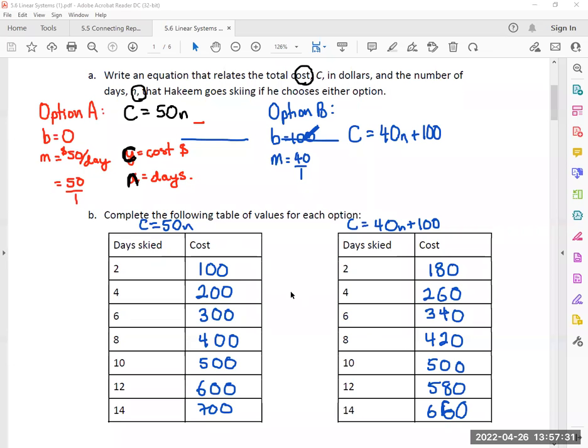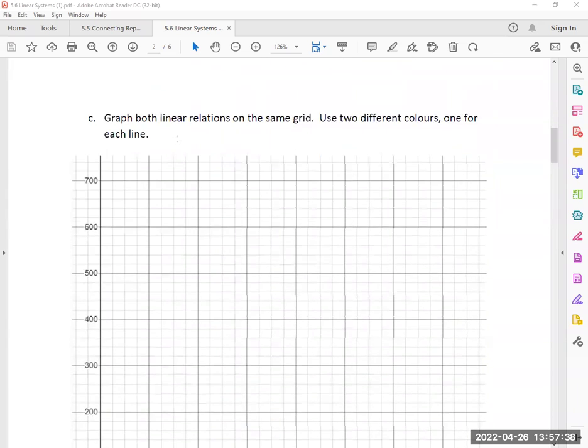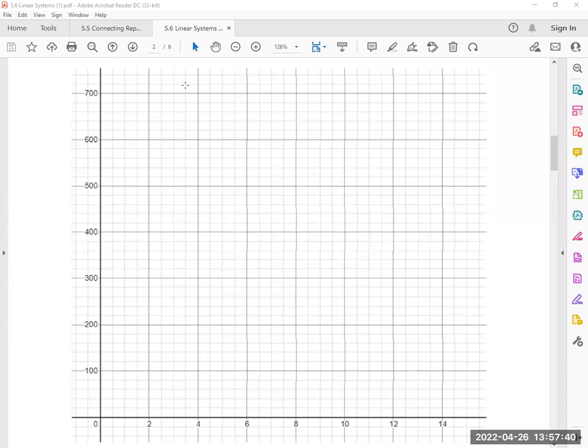Okay, filling in the chart, this is what you should see. I am going to take these data points and graph it here. Let's see, blue starts with $0. I pay 100, 200, 300, 400, 500.